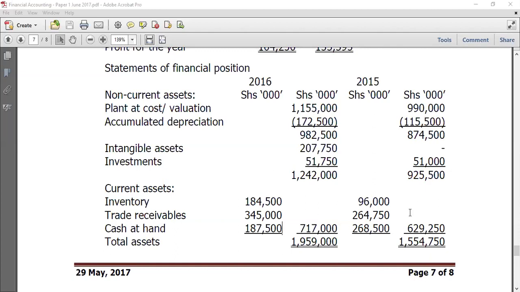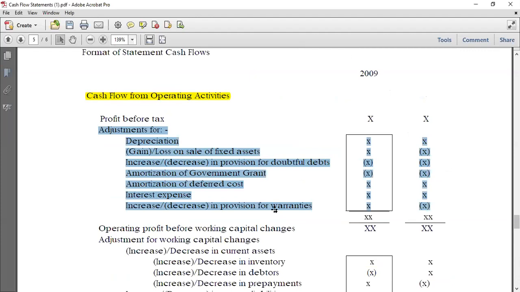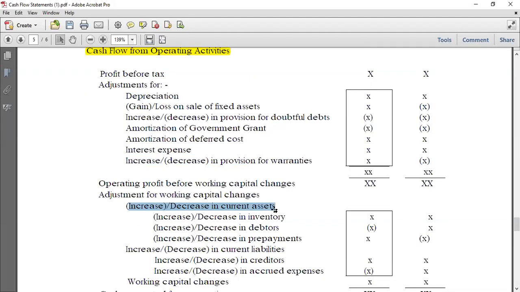After I've made these respective adjustments, depending on the question, I have the adjustments for working capital changes, okay? And as you can see, either an increase or decrease in current assets. Like I said, you will always have information for two periods to enable you to find either an increase or decrease, whatever you might have, for all the assets.